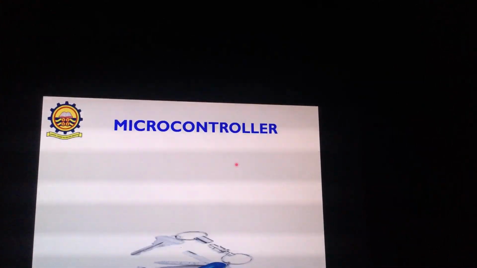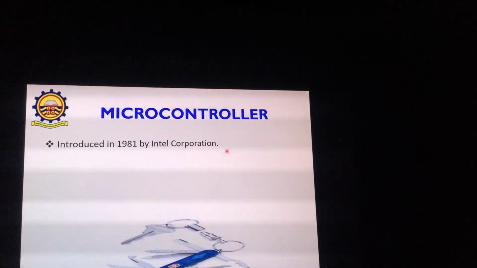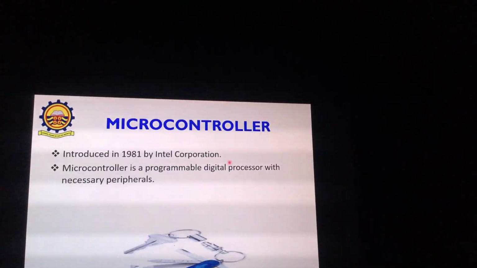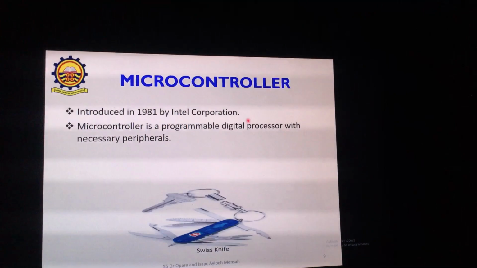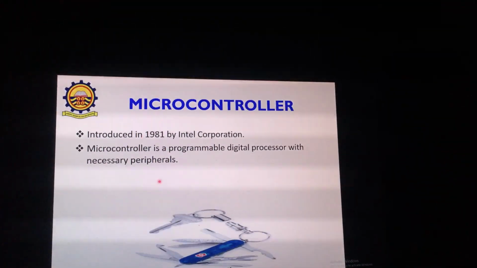So when we look at the microcontroller, it was introduced in 1981 by Intel Corporation. We say a microcontroller is a programmable digital processor with necessary peripherals.